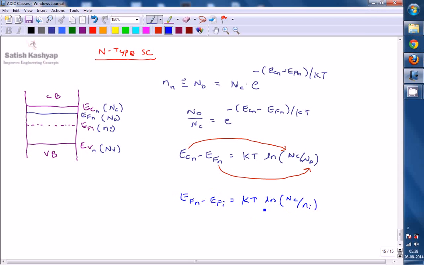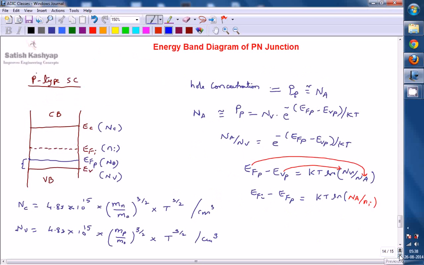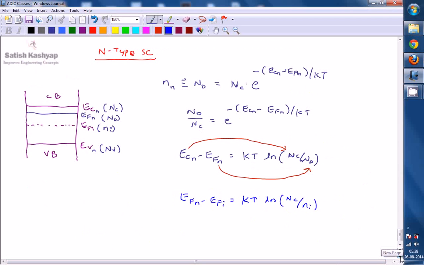So what we have seen is the p-type semiconductor, and we have seen the n-type semiconductor.